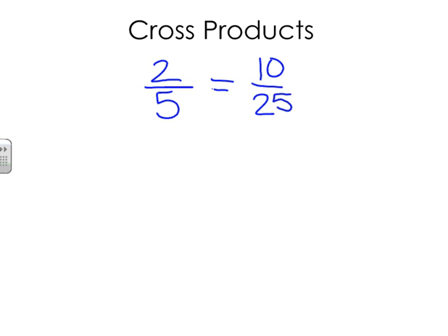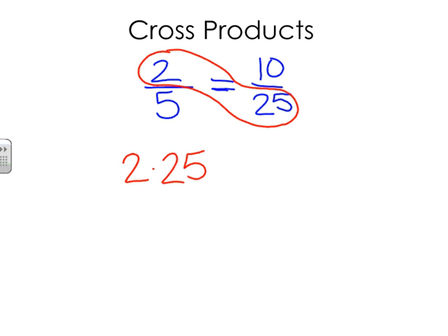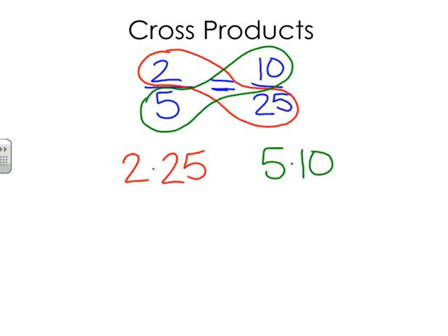In the cross products property, what I can do is multiply 2 times 25, write that in red, and I can multiply 5 times 10. And if you have two ratios that are proportional, then their cross products will be equal.